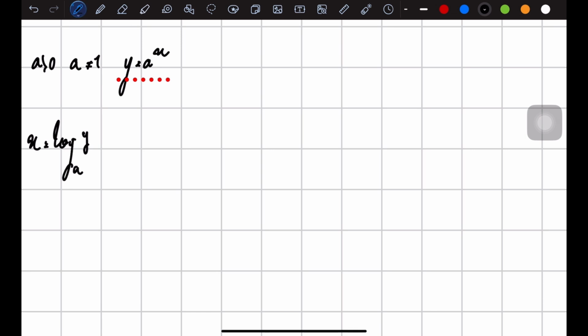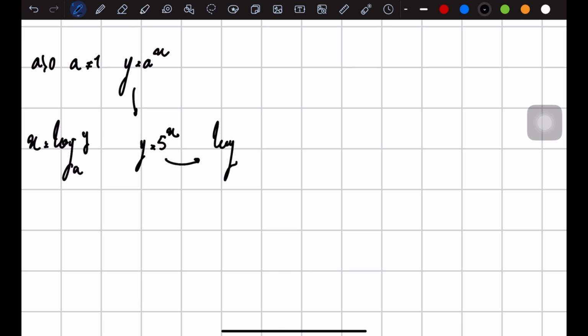So this is the logarithm number and this is the base. For example, how do we show it? Just like here, y is equal to, for example, 5 with the power of x. So what is the logarithm form of this?